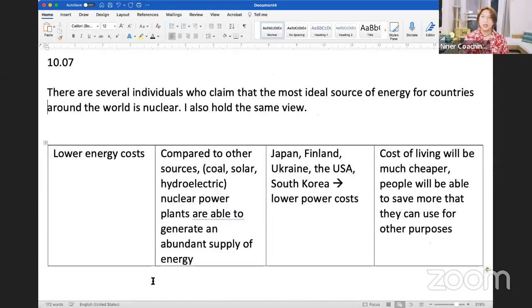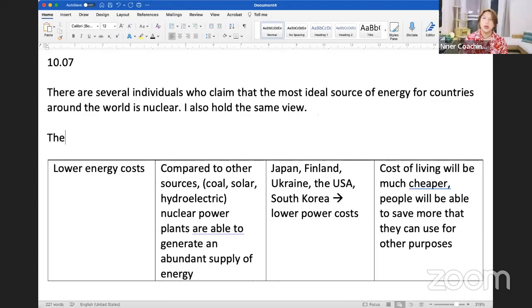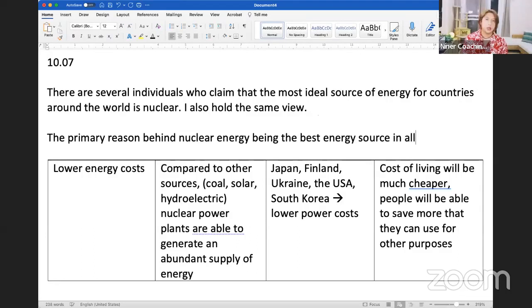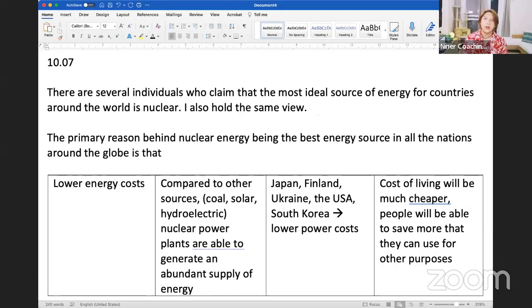The primary reason behind nuclear energy being the best energy source in all the nations around the globe is that the power it produces has a lower energy cost, maybe it's a more cost-effective option compared to other sources of power.